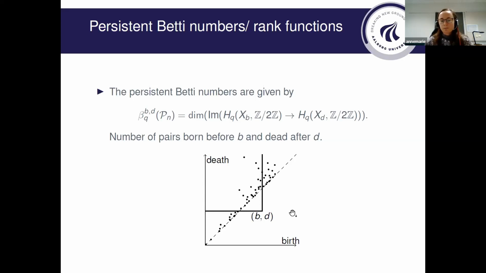And the way you find them from the persistence diagram is you find the point (B, D) in the plane, and you draw a square with (B, D) as the lower right corner, and then you just count how many points there are in this square. So that gives you the persistent Betti numbers, and you can do that for all values of B and D, and then you have in total the same information about the persistence diagram as in the diagram itself. And they're convenient to work with because they have this algebraic definition.